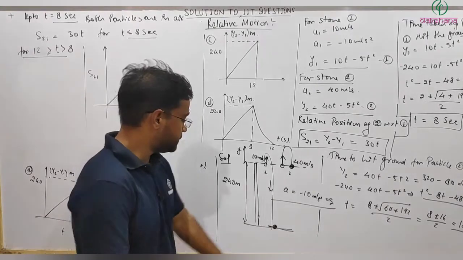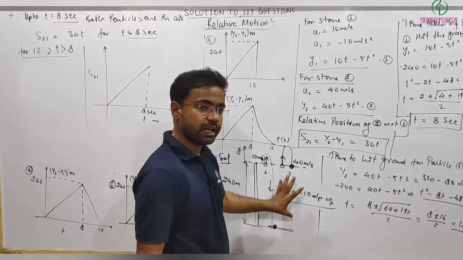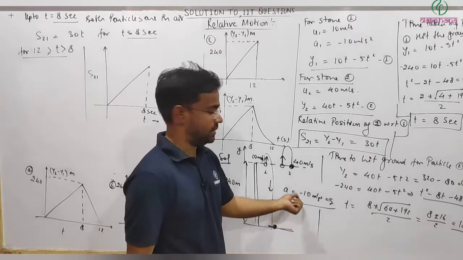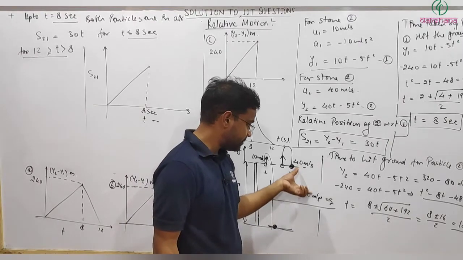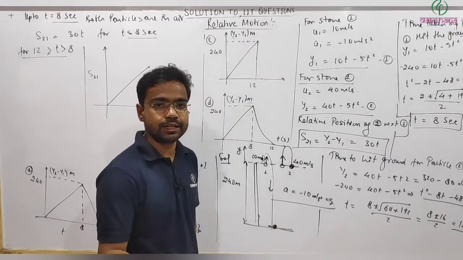So now this will be simply at rest. The position of this particle will be simply like the separation, is it? So it will be starting from 240. Now it will keep on decreasing. I hope you are understanding the point.